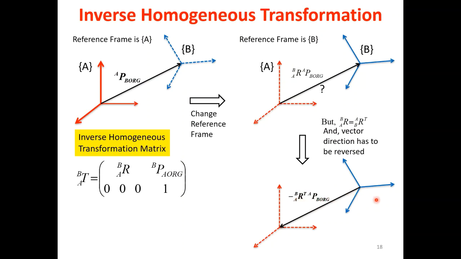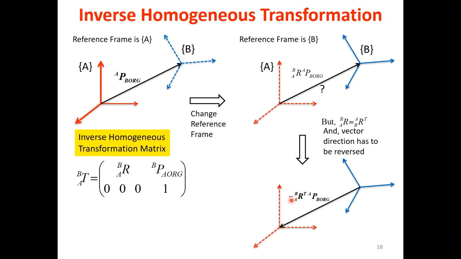So up here, we have changed the reference frame to B, and also we have corrected the direction. We have reversed the direction of the arrow. So this is the vector of origin of frame A with respect to frame B. So it has changed the rotation correction as well as the direction, heading correction.